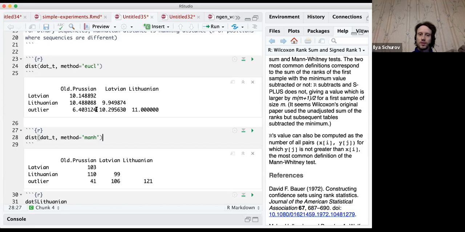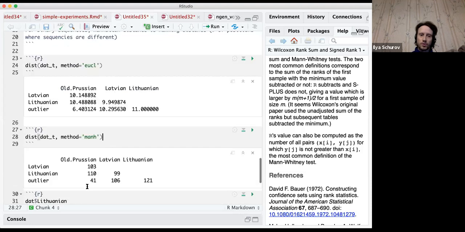So it is pretty natural that these numbers will be smaller than these numbers. I don't see much difference between these two numbers. Probably I see some difference between these numbers. Here the distance is relatively small if we compare it with this number.